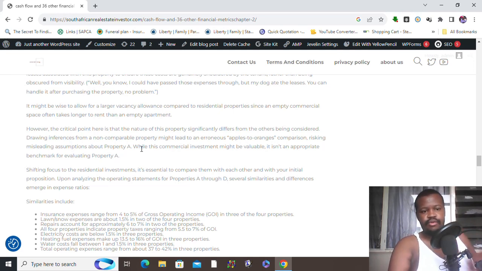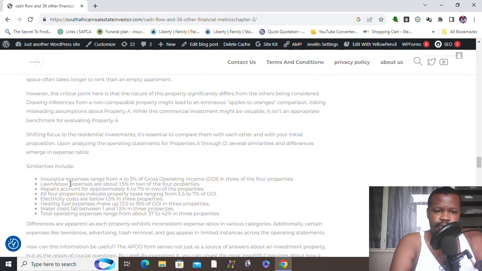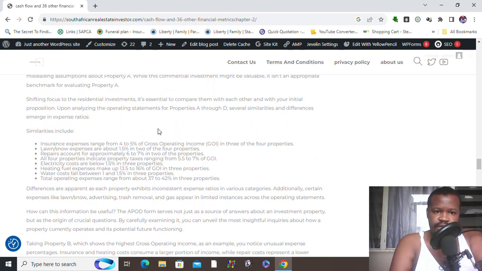Shifting the focus to residential investments, it's essential to compare them with each other and with your initial proposition. Upon analyzing the operating statements for properties A through D, several similarities and differences emerge in expense ratios. Similarities include insurance expenses ranging from 4 to 5% of the gross operating income for 3 of the 4 properties.